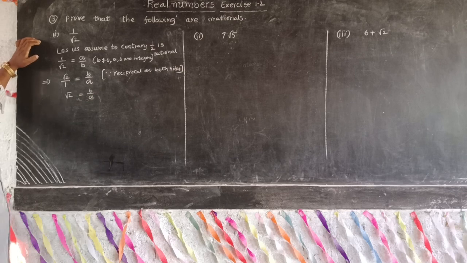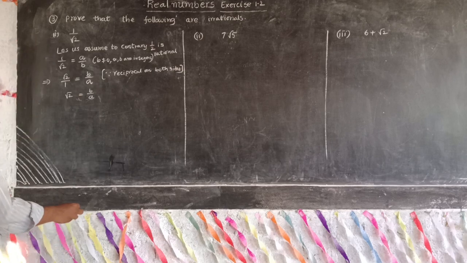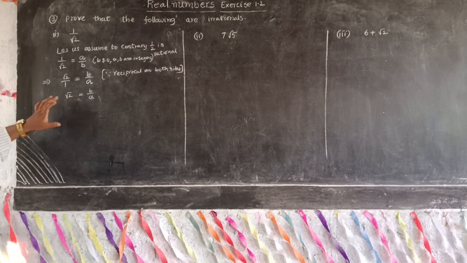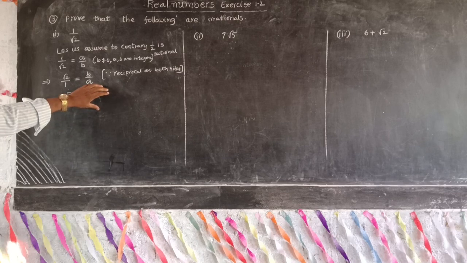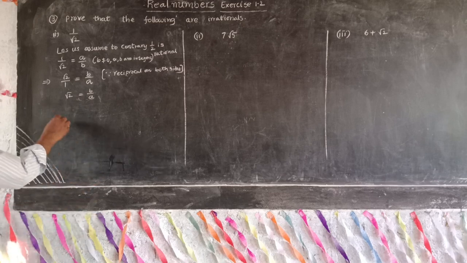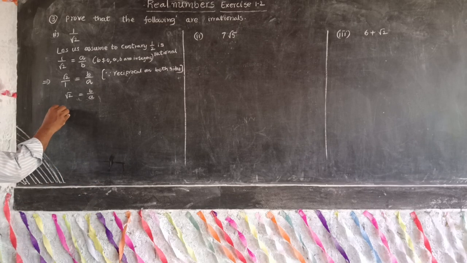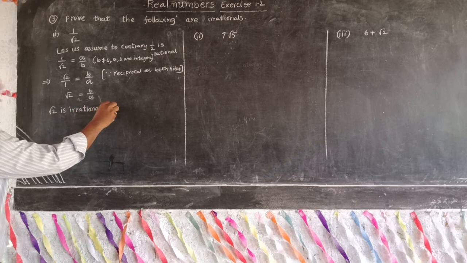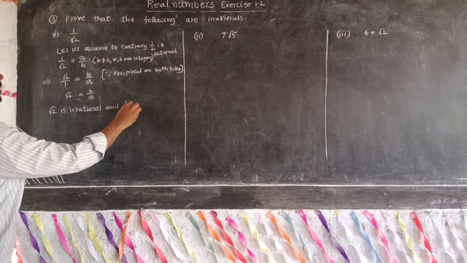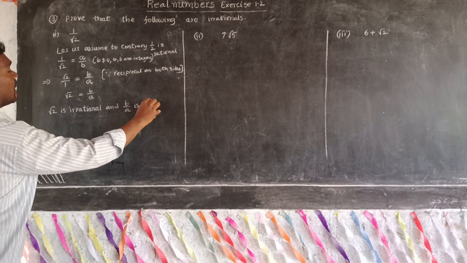Root 2 equals b by a. So LHS is irrational, RHS is rational. So root 2 is irrational and b by a is rational.